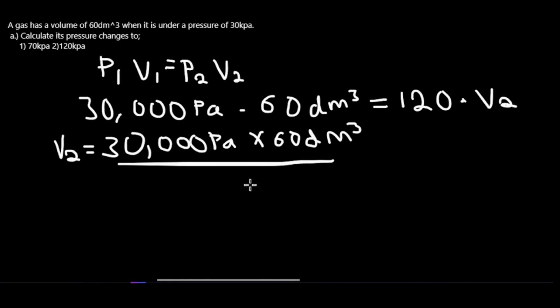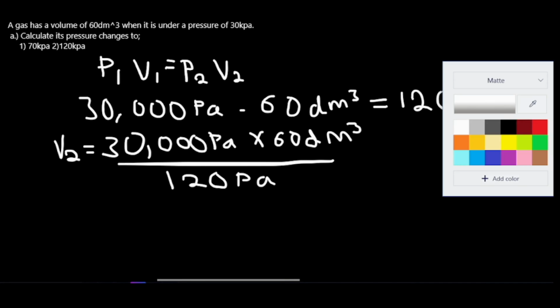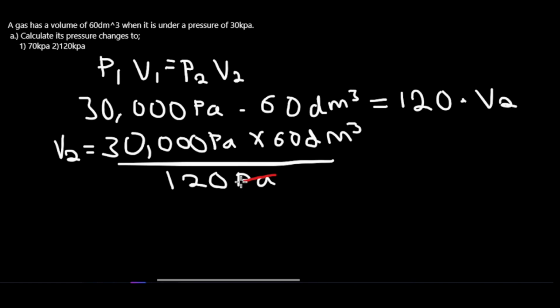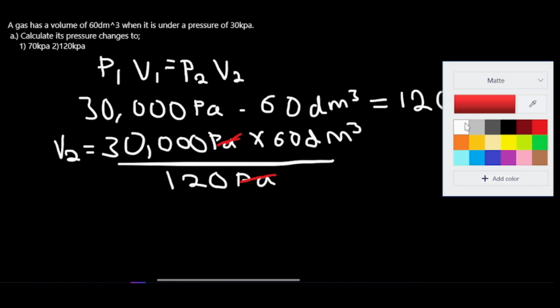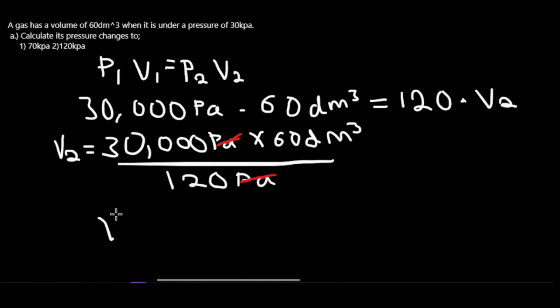This 120 is in pascals, that's why you had to convert, because if that 30 was in kilopascals, we would still remain with a K. So the pascal and the pascal will go, leaving the decimeter cubed, which is the unit of volume we're looking for. Then our volume 2 will be equal to 15,000 decimeter cubed.